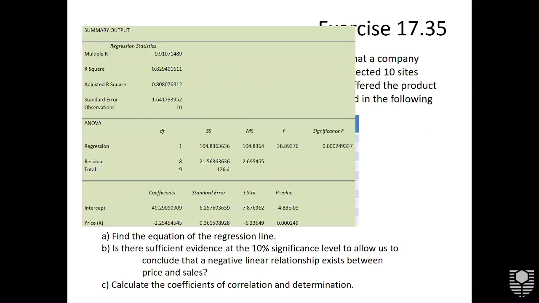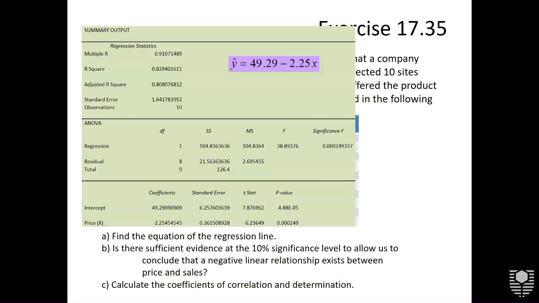So in here, they ask some questions, guys. Try to address the first one. What's the first one? The equation. What's the equation? Okay. So y hat equals 49.29. By the way, guys, in the final exam, just take two decimals, please.